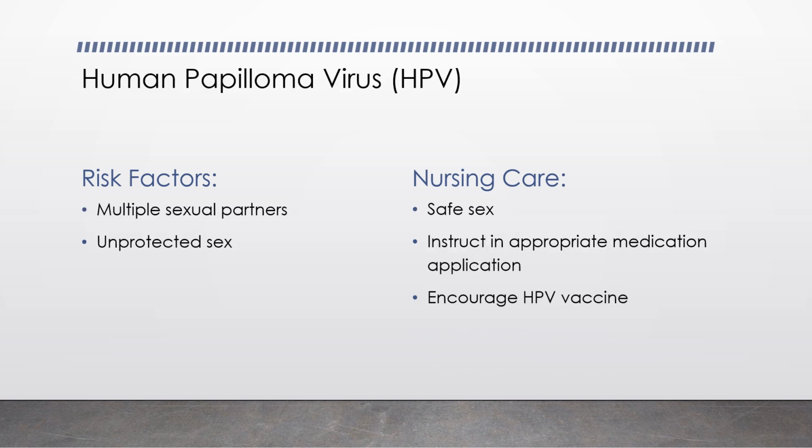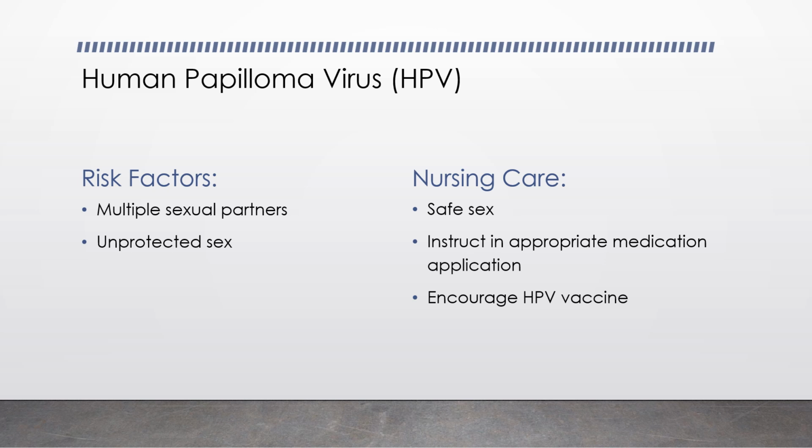Human papillomavirus is another sexually transmitted infection. So in order to prevent this, we would want to encourage the HPV vaccine. We would want to do that around age 12, so we'd encourage the parent of an adolescent girl and boy to be vaccinated with the HPV vaccine to help prevent human papillomavirus in the future.